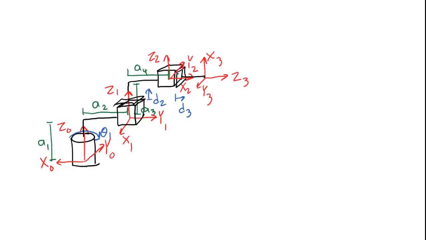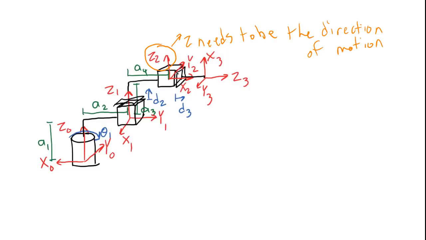For the Z rule, it's okay with the first joint, okay with the second joint, but with the third joint we have Z2, which is not in the direction of motion. So this is an error. Z needs to be the direction of motion.